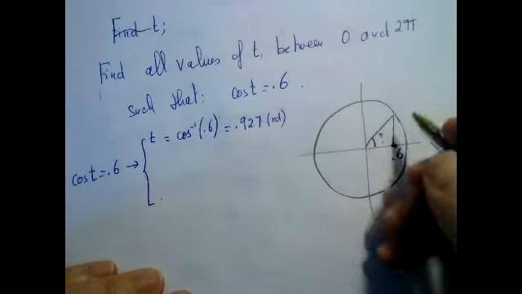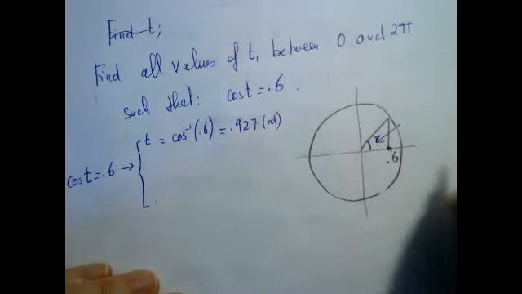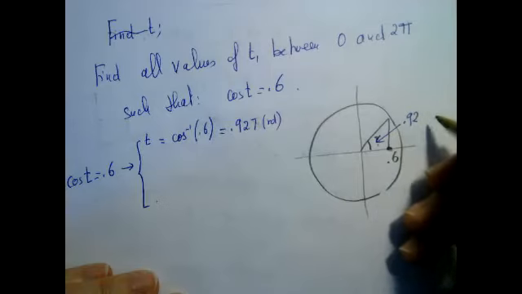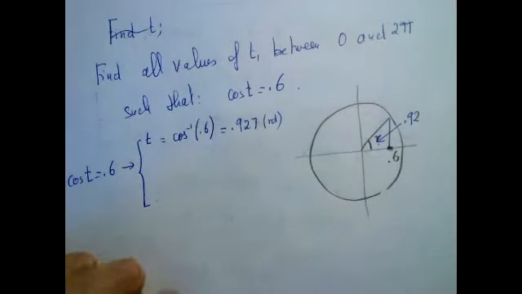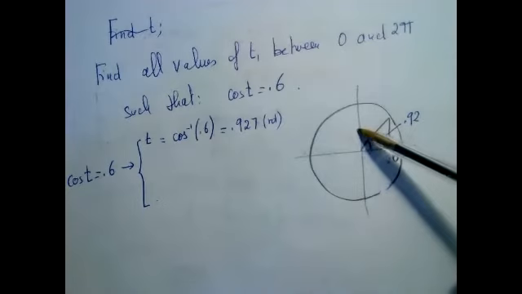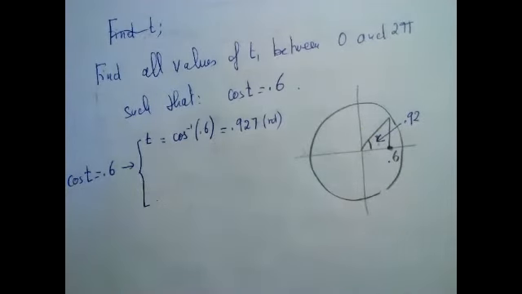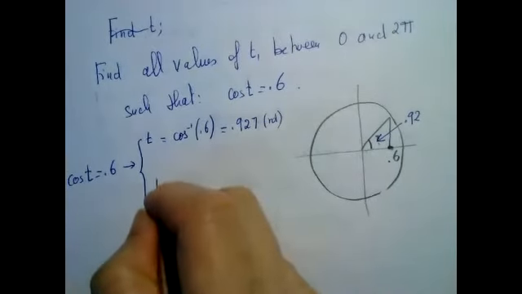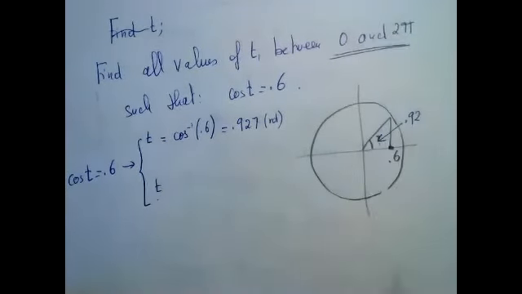It means that this angle here is 0.927 radian. All right, so I have the cosine, I want the angle. That's what this function will give me. Now, can anyone give me another angle? Because I want those between 0 and 2 pi. Who can give me another angle whose cosine is 0.6?